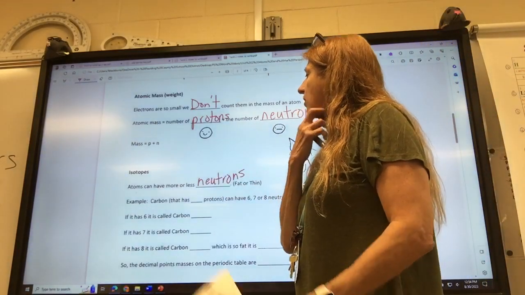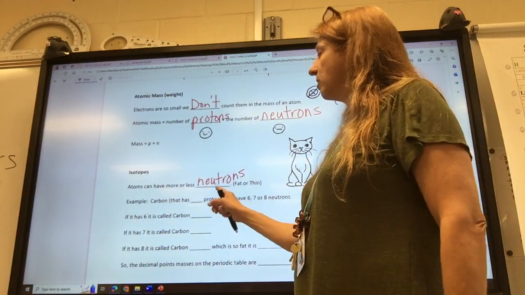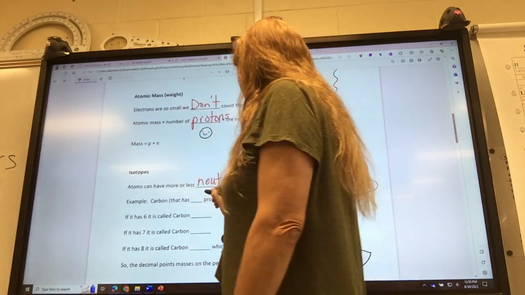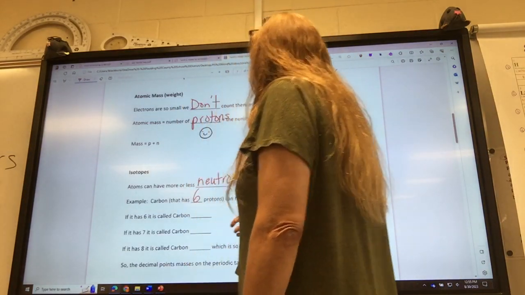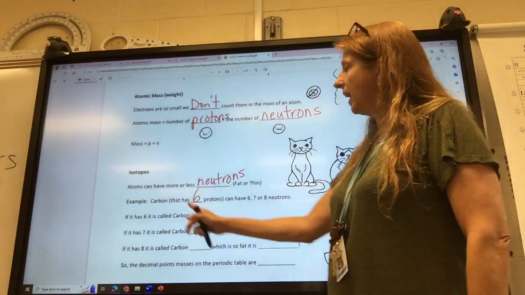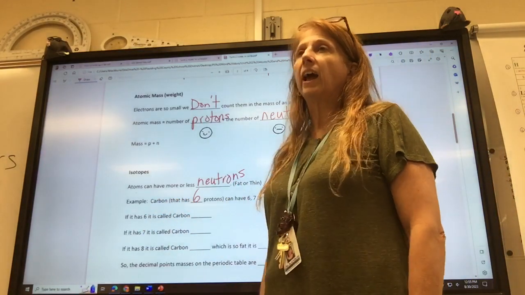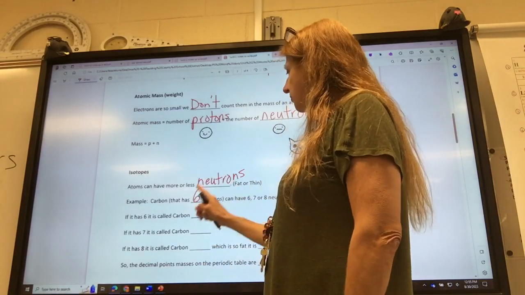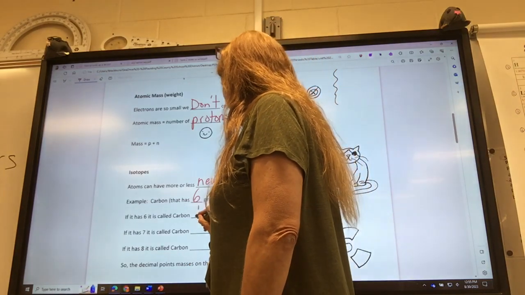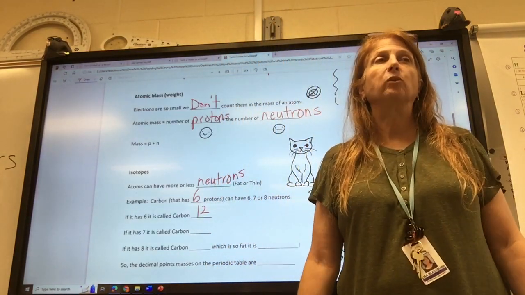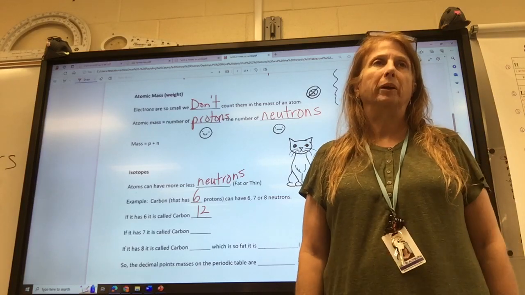So for example, how many protons does carbon have? We just talked about it. 6. Carbon has 6 protons, but it can have 6, 7, or 8 neutrons. If it has 6 neutrons, it has a special name that comes from adding up the protons and neutrons, so it's called carbon-12. Carbon-12 is one isotope of carbon.